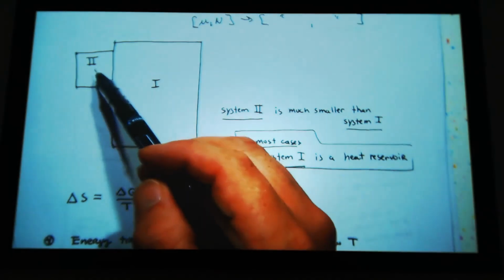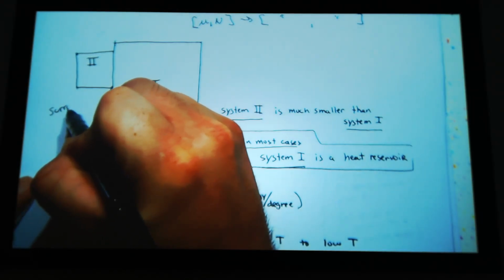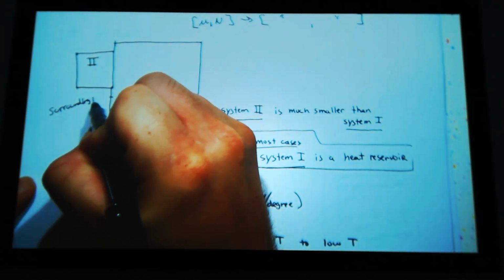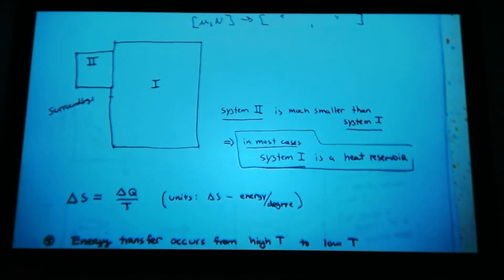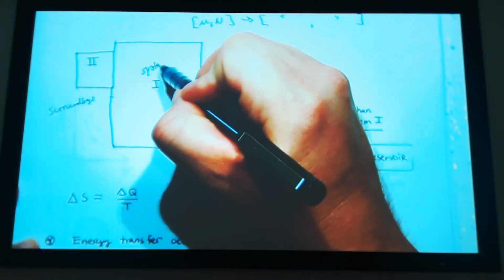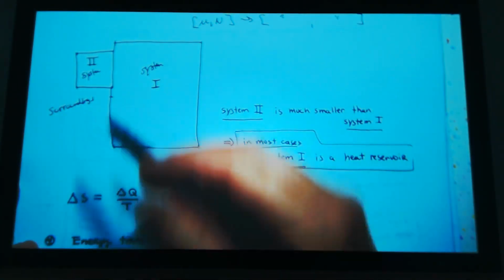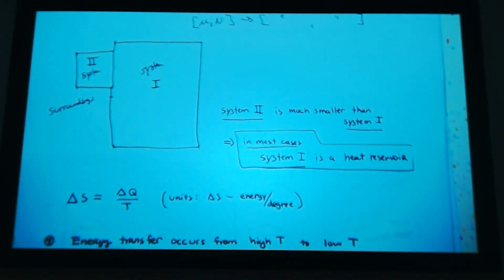I have a system, and coupled right next to it is a subsystem, and out here I have surroundings. So I have my system 1, I have my system 2, and I can draw a boundary around system 2.